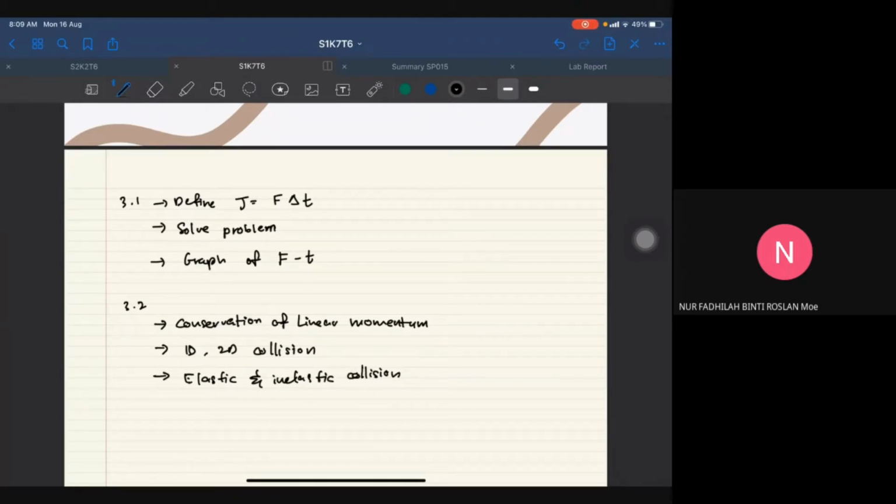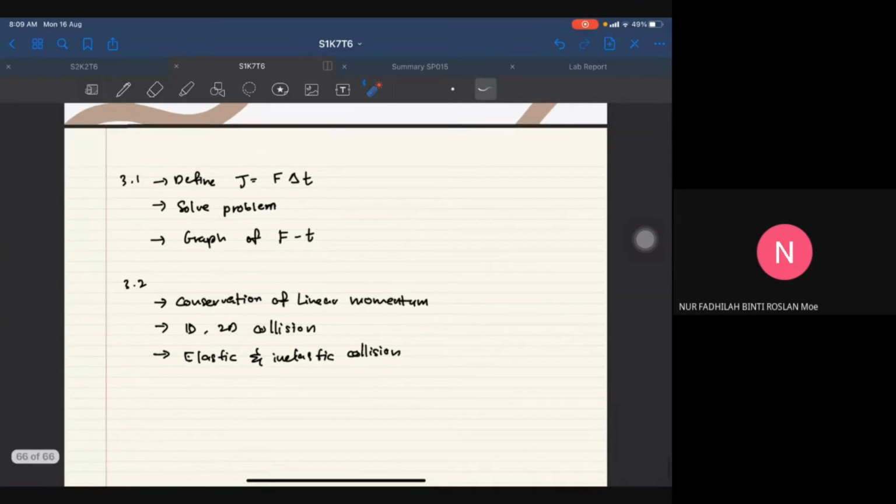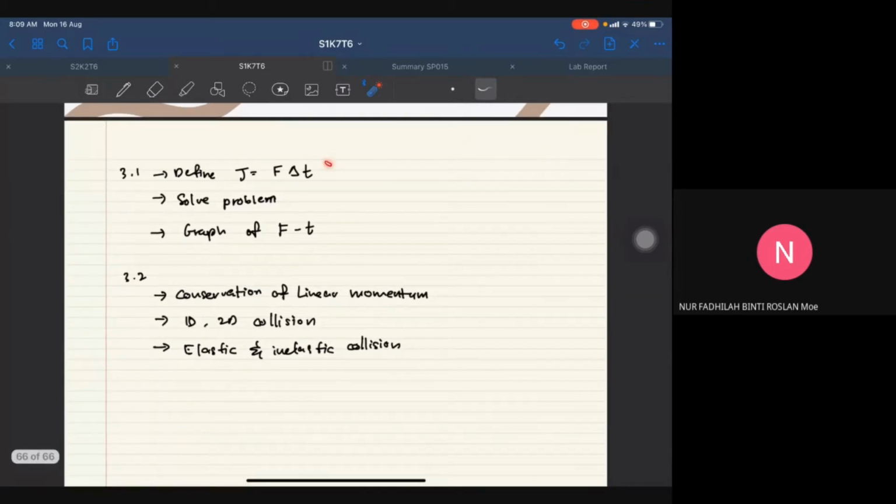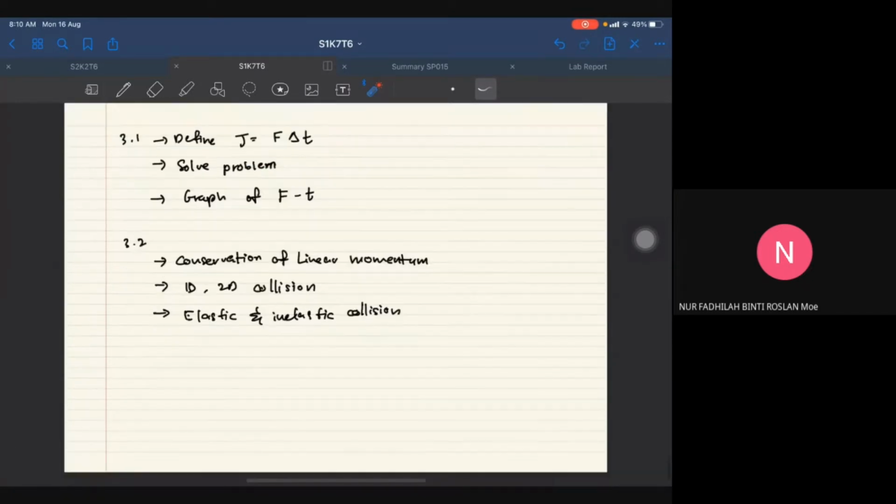Okay, so most of the topics in this chapter you actually already learned in school. Either you remember or you don't. So as an example, this one you guys already know. The graph of F against T, I'm not sure whether you guys learned this in school or not, but the formula for this one for sure you learned.